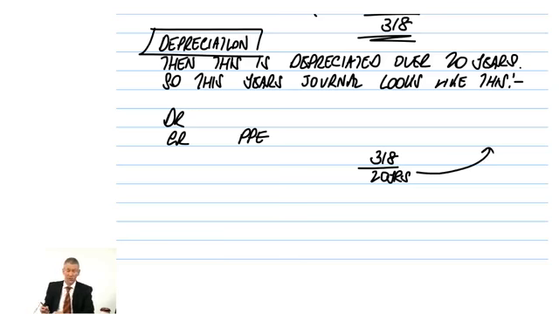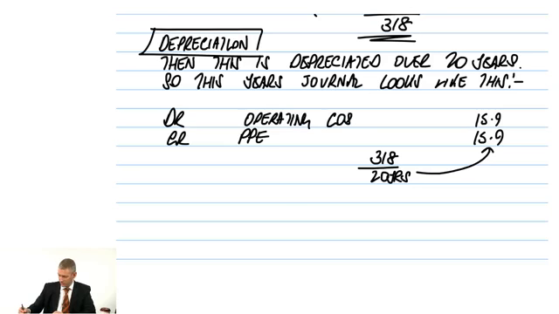And fortunately, I've done this question before, so I know the numbers. So it's 15.9. And this, of course, is the depreciation of an oil rig. And what we do in our business is oil. So this is an operating cost, going into the P&L as an operating cost in the P&L and the balance sheet.